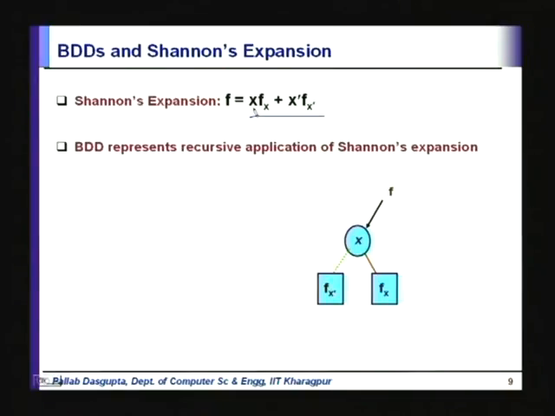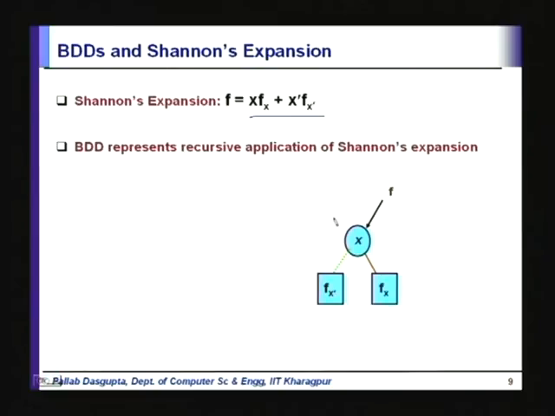So, this says that x is 1 and this is the function fx, plus, which means or, x dash, and where x has been substituted by 0.